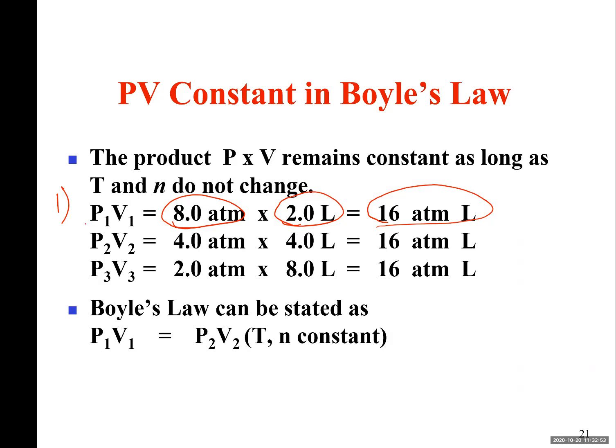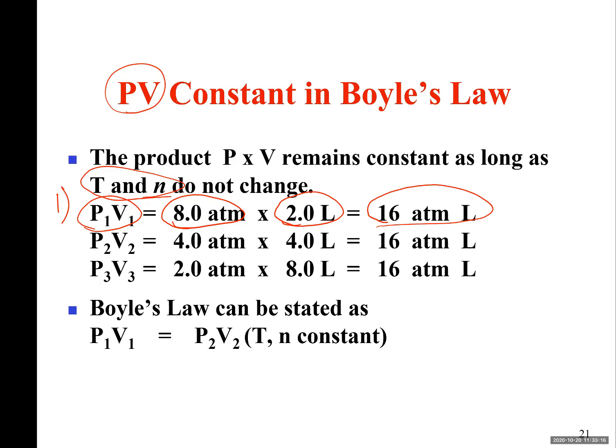That is the product of pressure times volume. Remember, in this experiment, we are keeping number of moles and temperature constant. Amount of the gas, which is number of moles, is not changing, and the temperature is not changing. We just want to study the relationship between these two.